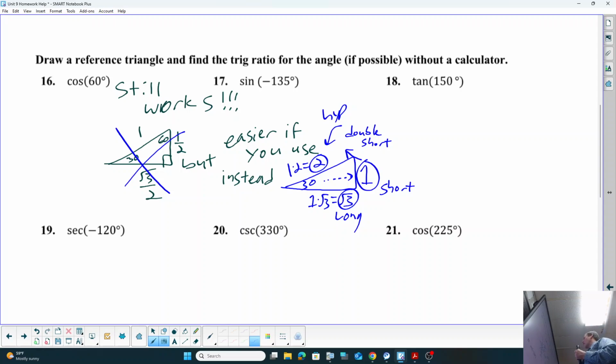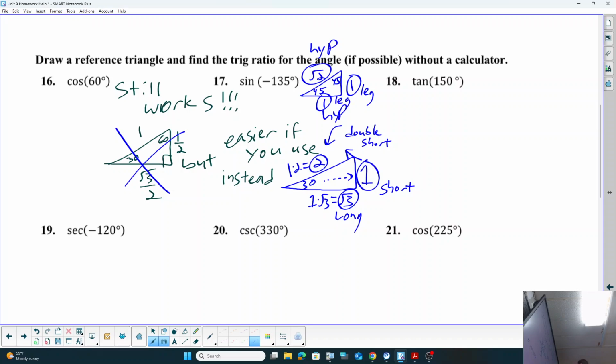Nice. So also with the 45, 45, 90 right triangle, instead of using radical 2 over 2, we're going to use 1, 1, and radical 2 for the hypotenuse and for the legs, right?